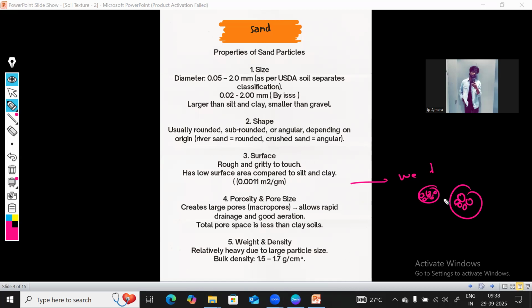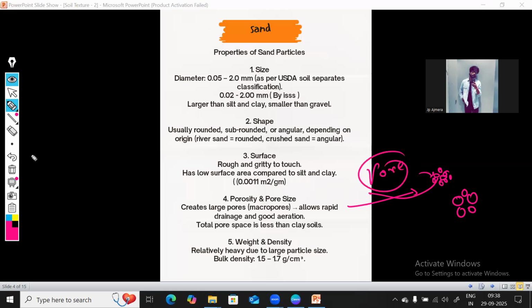That blank area created between the soil particles is known as the pore space.